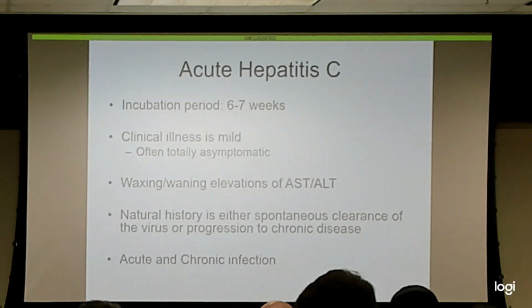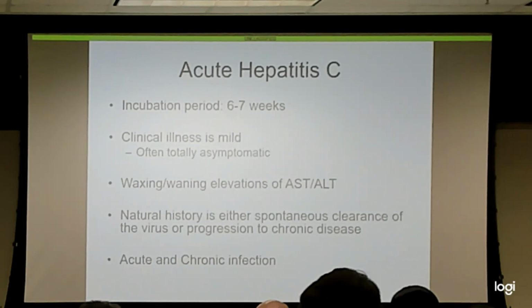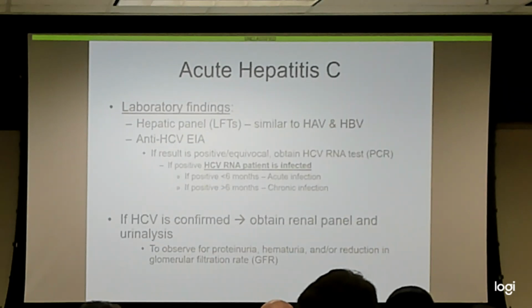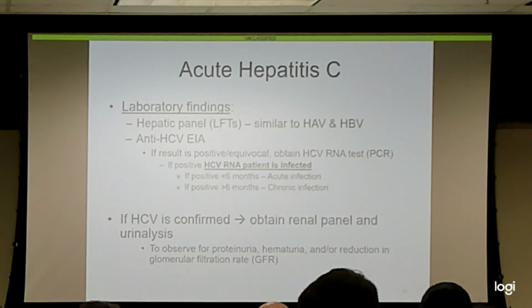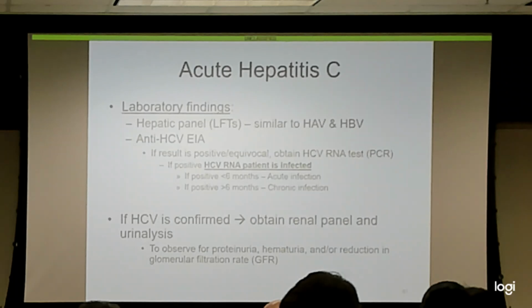Natural history is either spontaneous clearance of the virus or progression to chronic disease, and it could be an acute or chronic infection. Laboratory findings: you've got your LFTs, similar to A and B. You've got the anti-HCV EIA testing. Remember, that's the immunoassay test that they do.